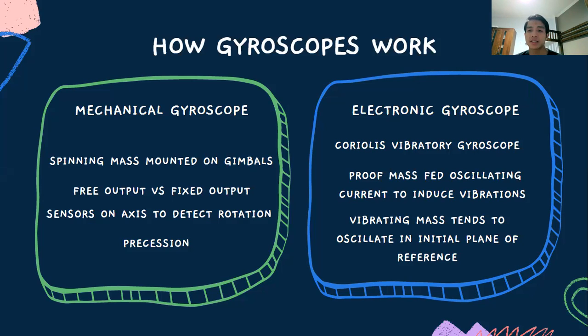Maybe we can discuss it later. And then how it works: there are sensors on the axis whose function is to detect the rotation, and also there is precision.